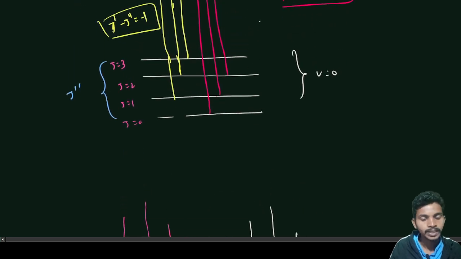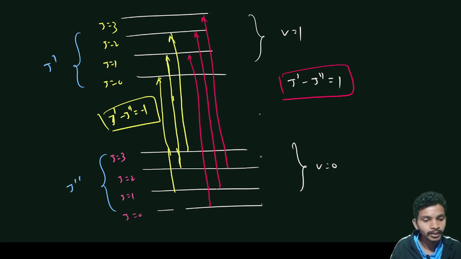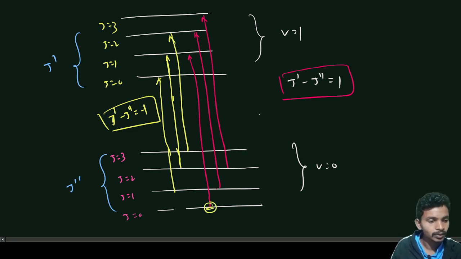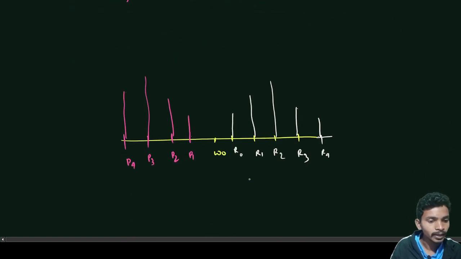So what we see here is that this j dash minus j double dash equal to 1, this type of transitions starts from j equal to 0, and these are positive, so positive we are writing in R branch. These are the R branch.